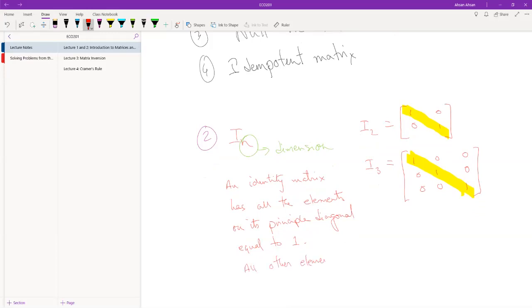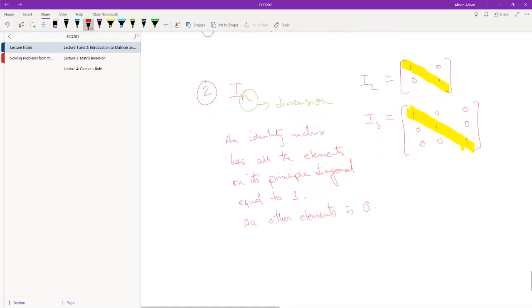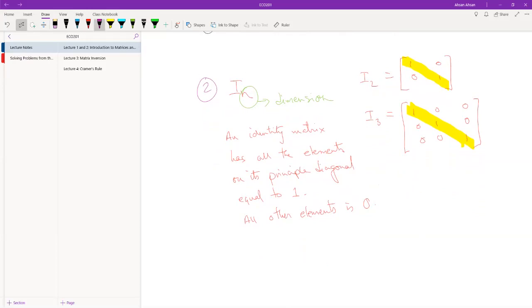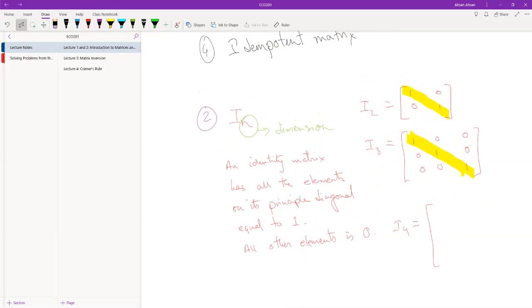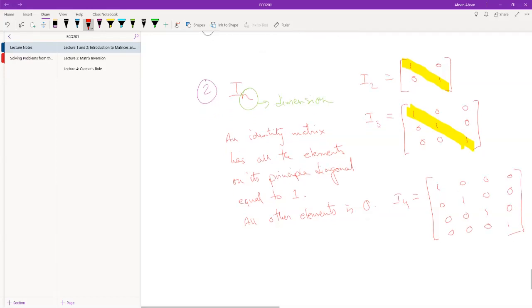All other elements are 0. So that's what we have. Just to show you another example, I4 is a 4x4 matrix, and everything on the principal diagonal is 1, everything else is 0. So what we will have is 1, 0, 0, 0; 0, 1, 0, 0; 0, 0, 1, 0; 0, 0, 0, 1. That's an I4 matrix.